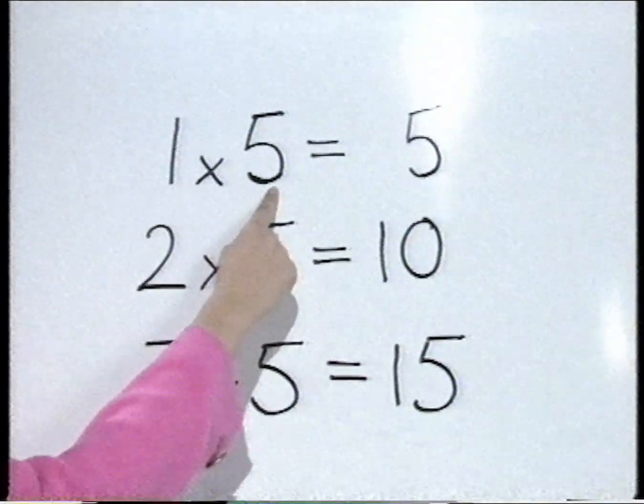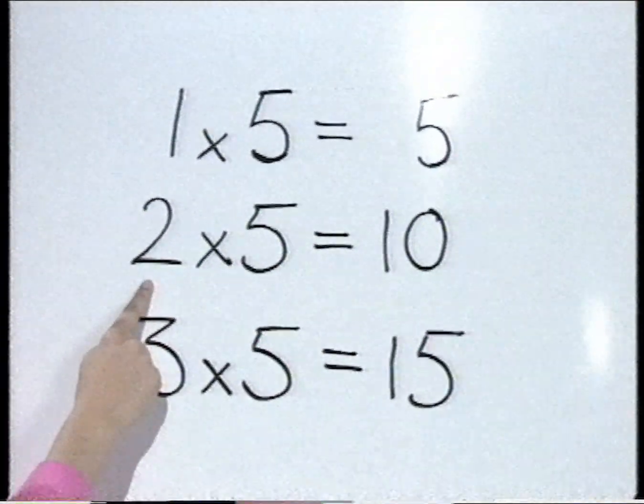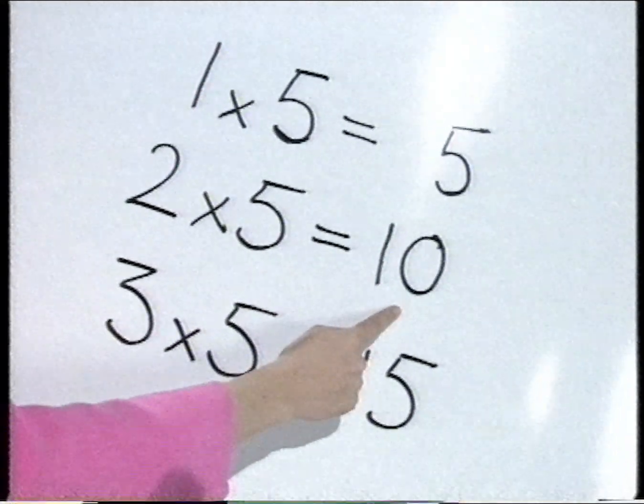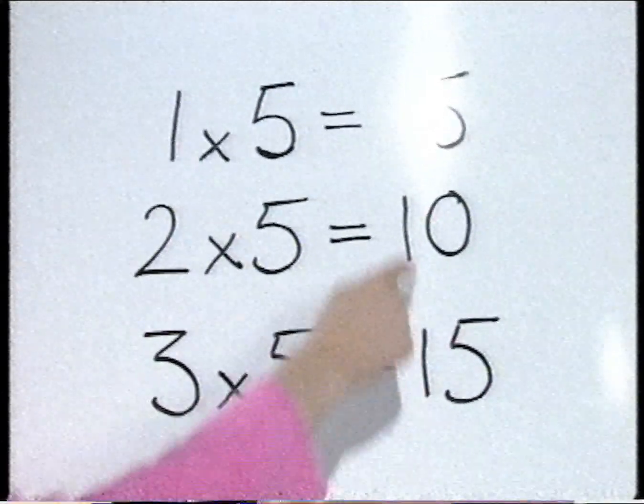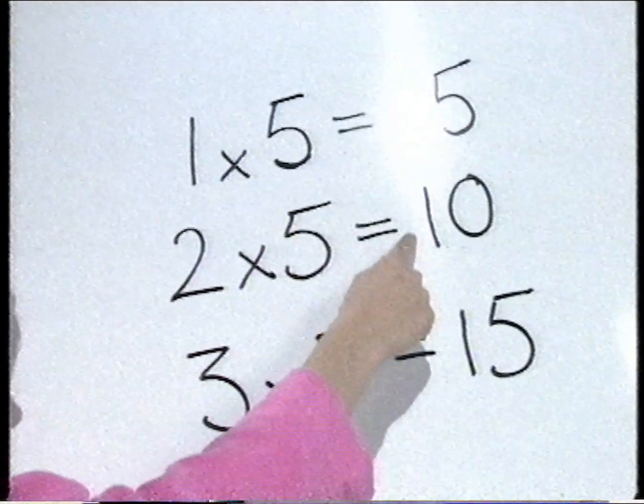So, 1 times 5 is 5, 2 times 5 is 10, 3 times 5 is 15. Can you see how the answer is going up in 5s all the time? Well, this is sometimes a very handy way of remembering your tables, so use it if you do get a bit stuck. All right then, let's go.